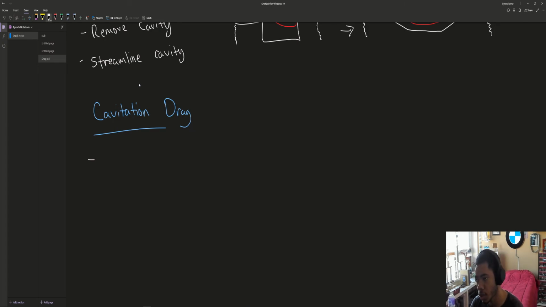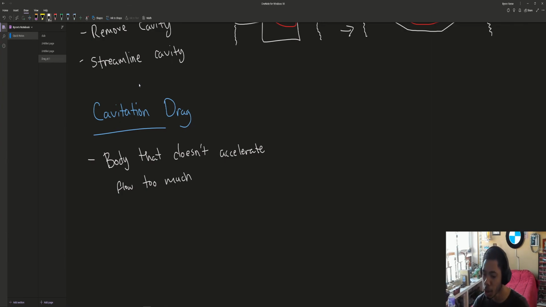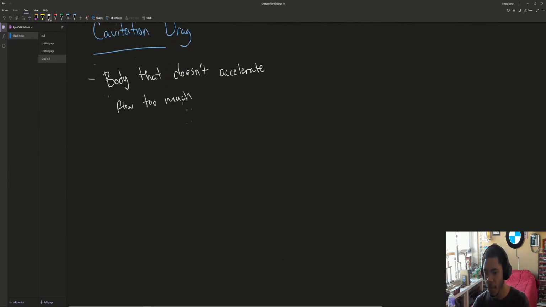To reduce cavitation drag, just design a body that doesn't accelerate the flow so much. You could try adding buffers along your body, but that creates a drag of its own type after that. So it's all dependent. But that is about it.